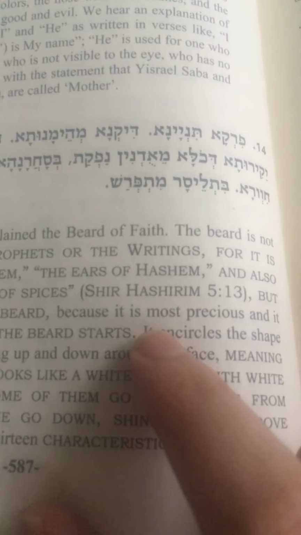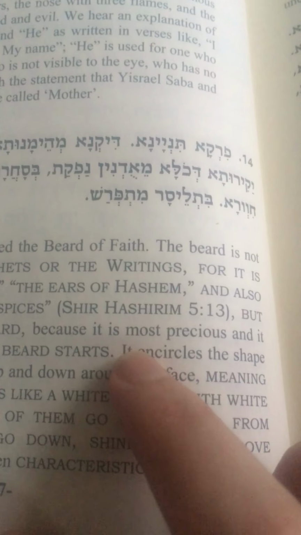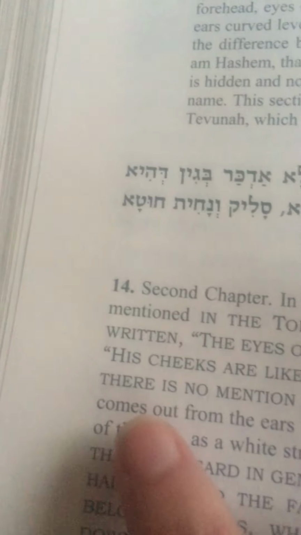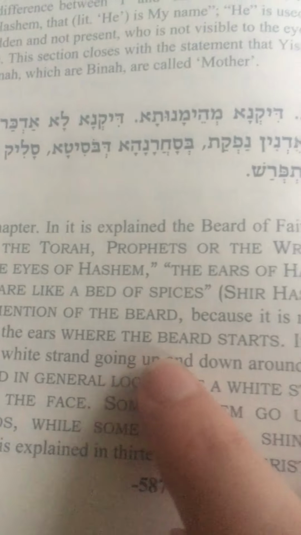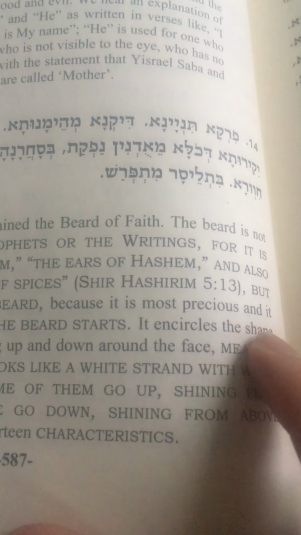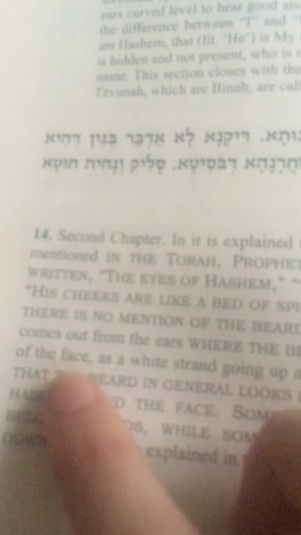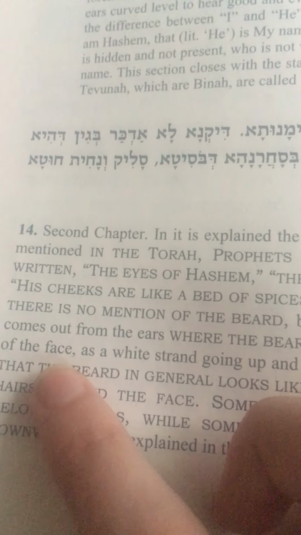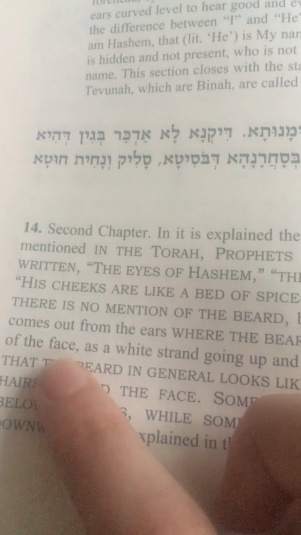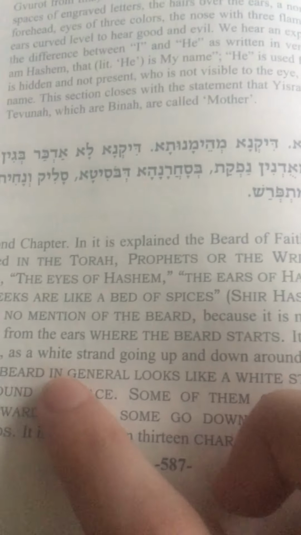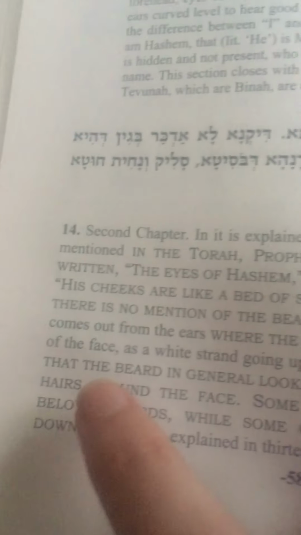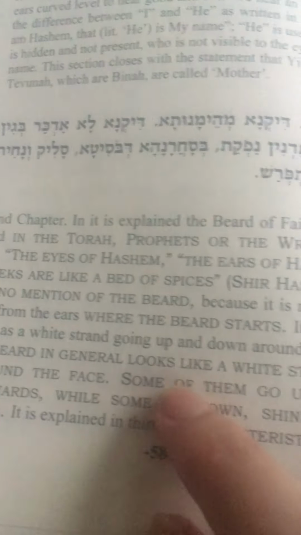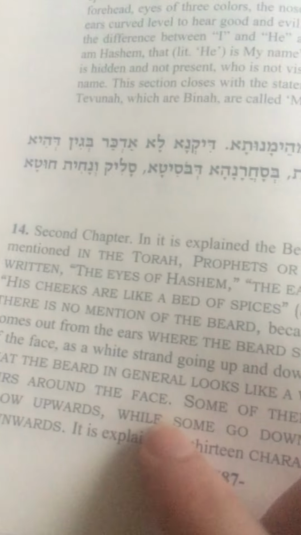This is because it is most precious and it comes from the ears, keep that in mind, where the beard starts. It encircles the shape of the face. Indeed, indeed. For the shape of the face is a tree, keep this in mind, as a white strand going up and down around the face, meaning that the beard in general looks like a white strand with white hairs around the face.